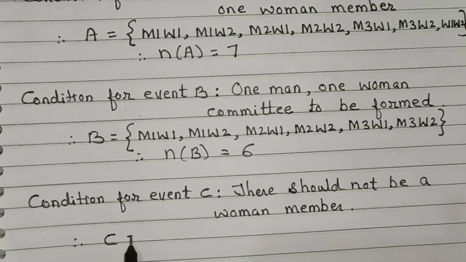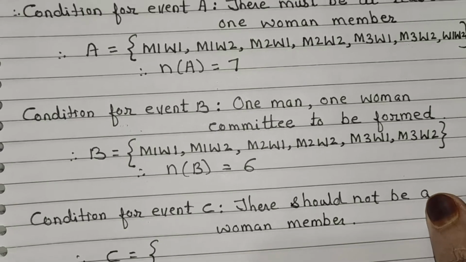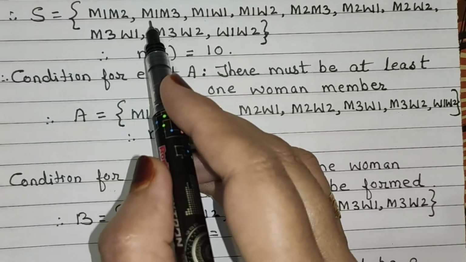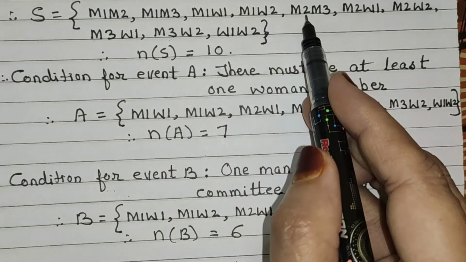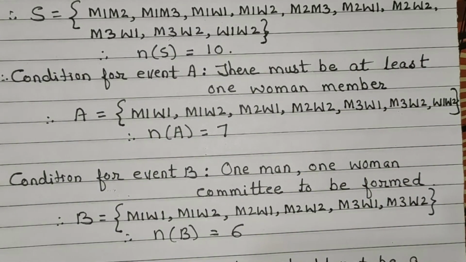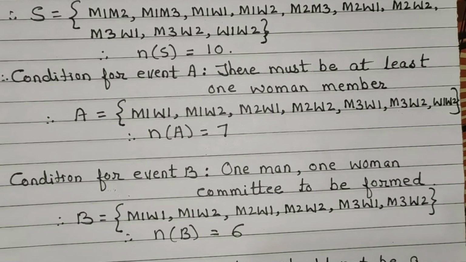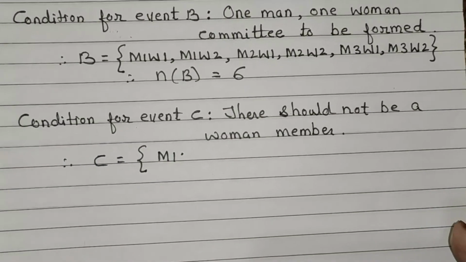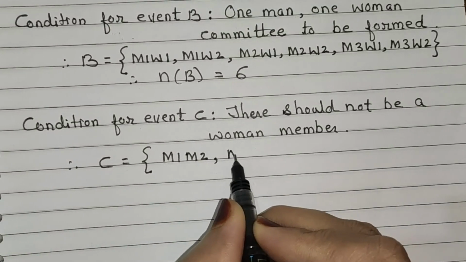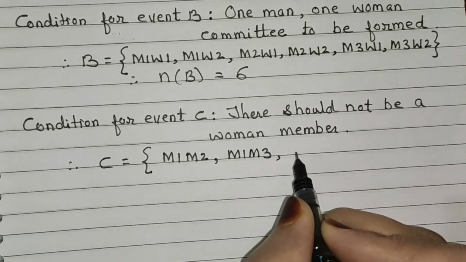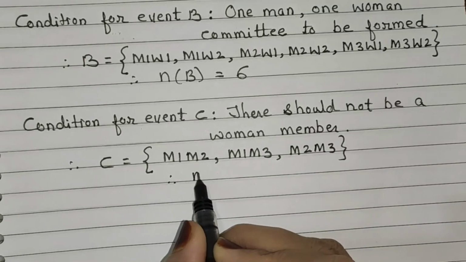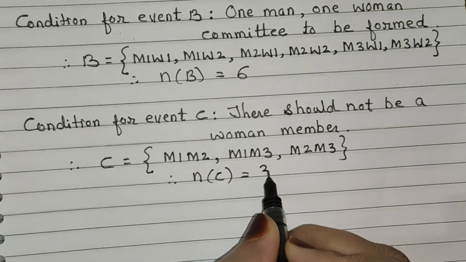Therefore, C is equal to, now look at the sample points here. No woman means M1 M2, M1 M3, M2 M3. Write down here M1 M2, M1 M3 and M2 M3. Therefore, n of C is equal to 3.